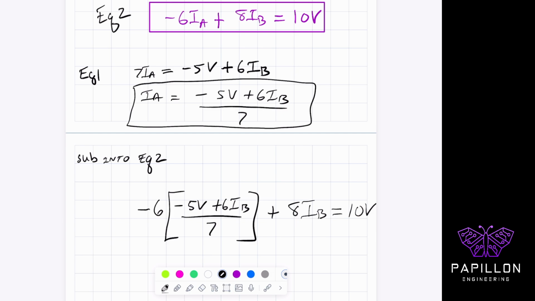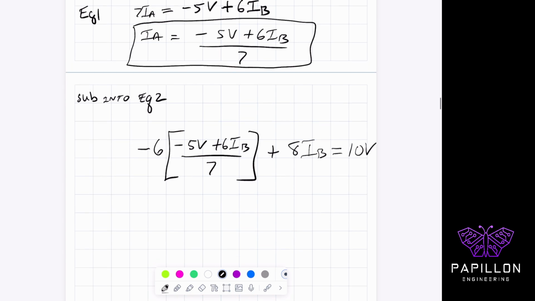Why am I doing this again? Because I'm trying to have, hopefully, one unknown so we can go ahead and solve. That's the math objective behind this entire thing. All right, now we have to do some algebra on this to solve. Negative times a negative gives me back a positive 30V.